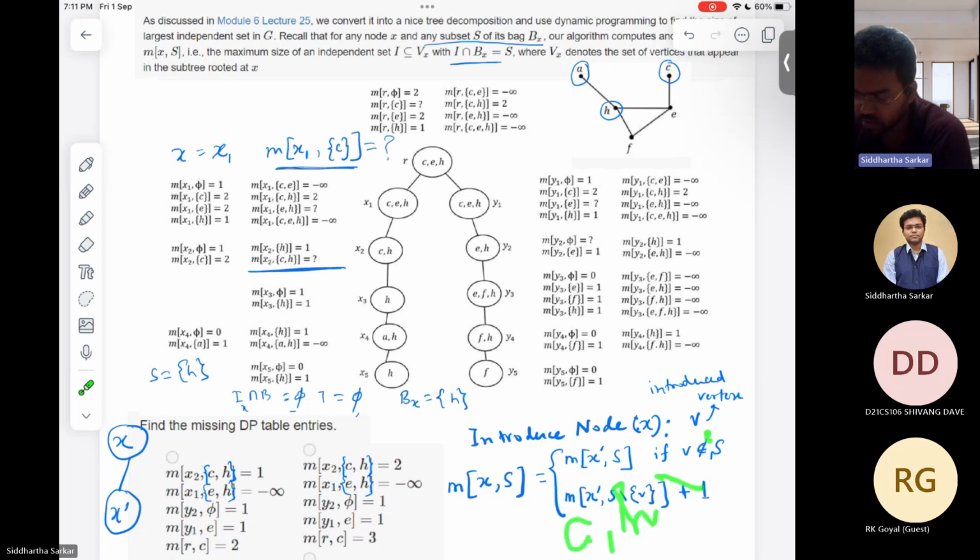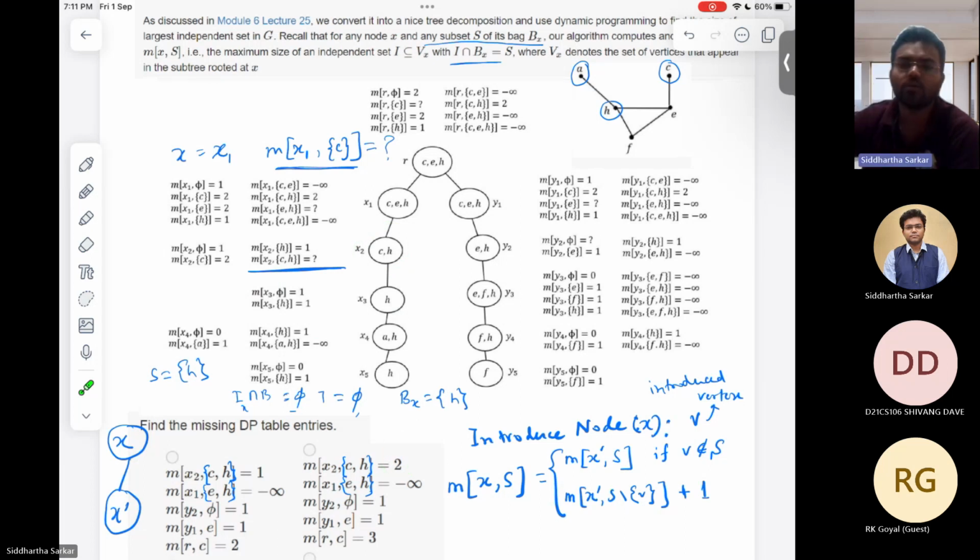The introduced node is c, so c h minus c is h. Therefore we will take the entry corresponding to x3 comma h, and this is 1. This is saying that among these vertices there is an independent set of size 1 that satisfies the properties that we want to be satisfied. So it is already 1, and 1 plus 1 is 2. That is how we computed the entry corresponding to x2 and c comma h to be 2.